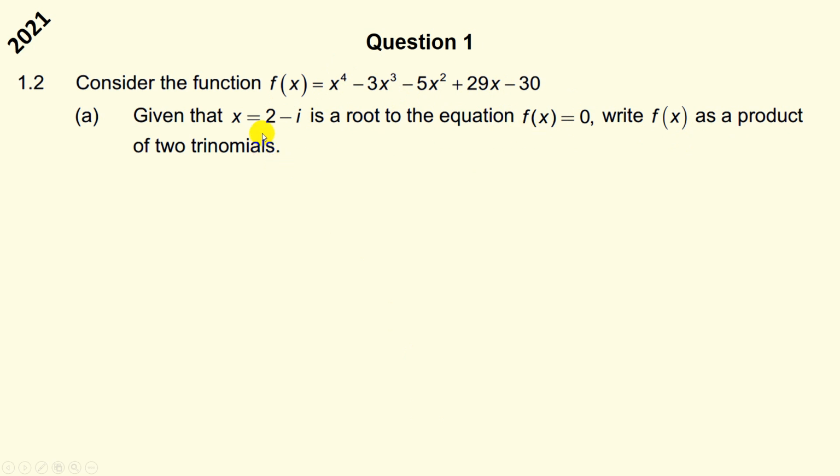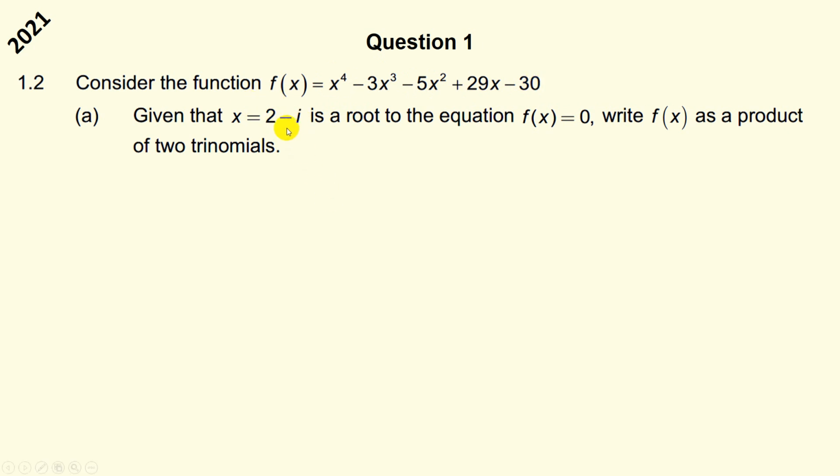Well, with complex numbers, all the coefficients of x terms and the constant are rational. And they're real. So that means we cannot have irrational roots or unreal roots, complex roots.